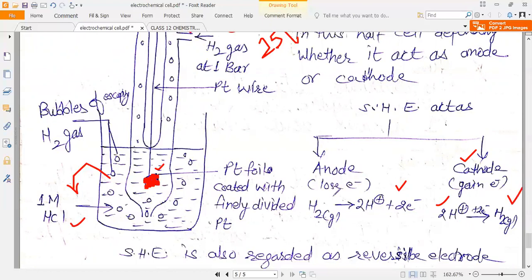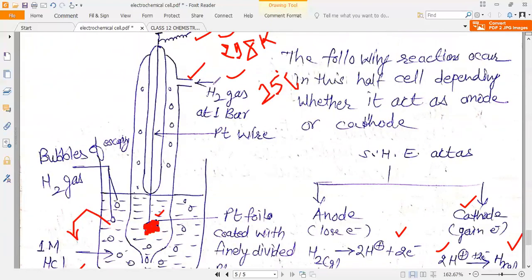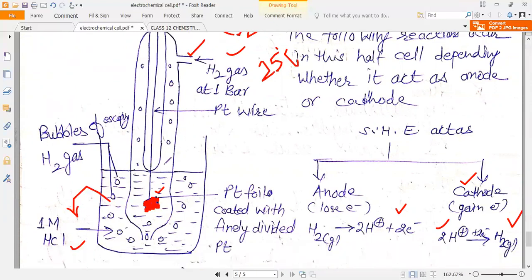And how does it happen? When hydrogen gas is passed through this opening in the SHE, if hydrogen gas is oxidized, then it converts into hydrogen ion, H plus ion, and this H plus ion mixes into the HCl solution.